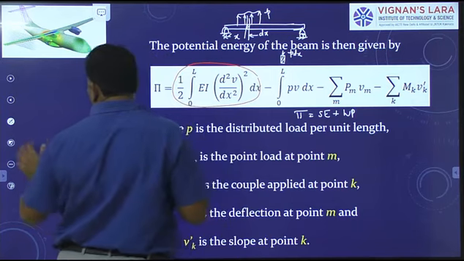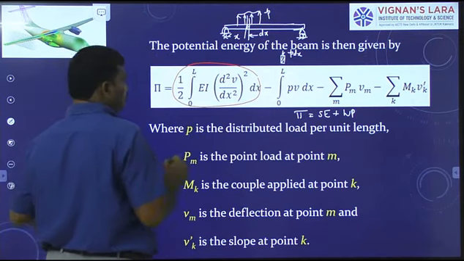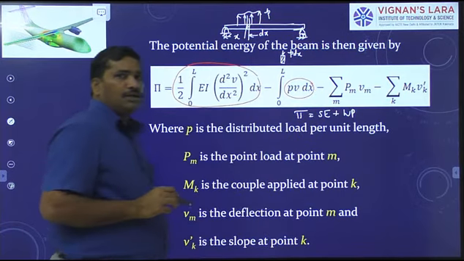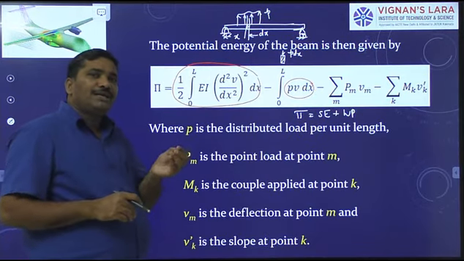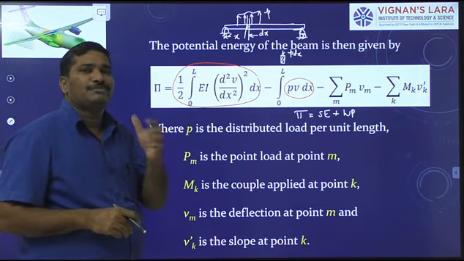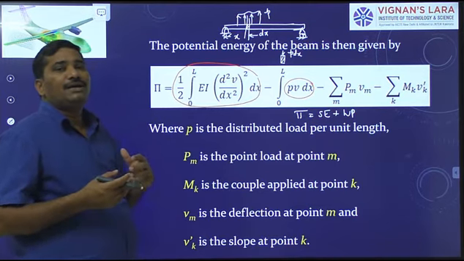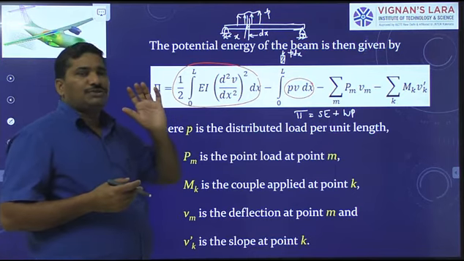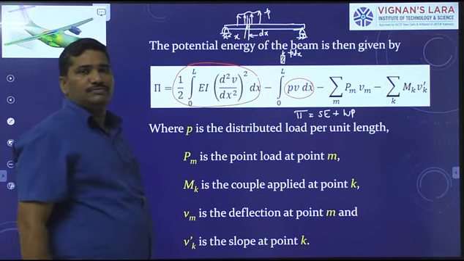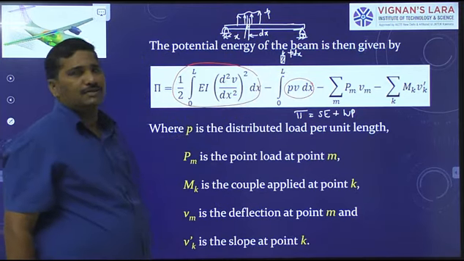So, p v dx gives me the work done by the force acting on an element of length dx. But I want the work done by the distributed force acting over this length. Therefore, I have to integrate this.